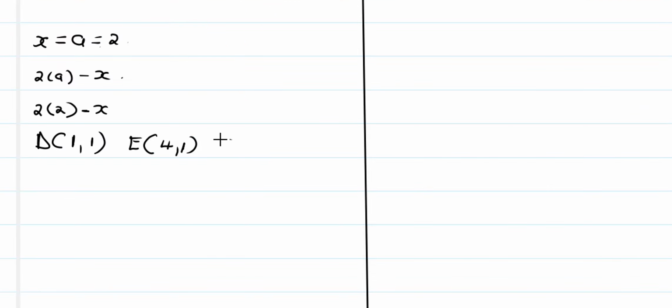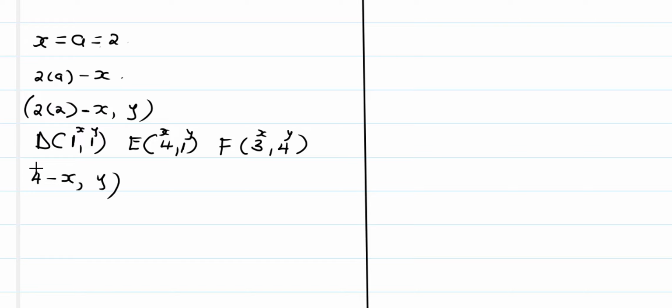Then we apply this formula to all values of x, but y remains the same. I forgot to put that here, y remains the same. So 2 times 2 is 4, minus x, so it becomes (4 minus x, y).